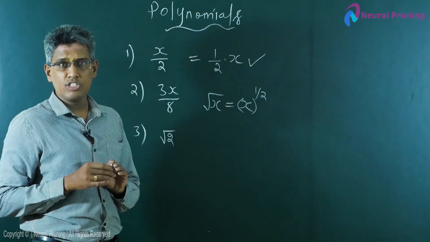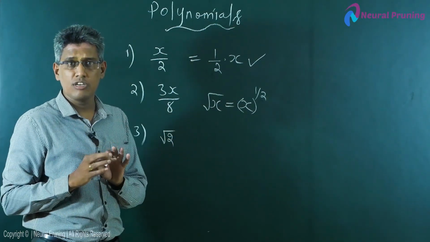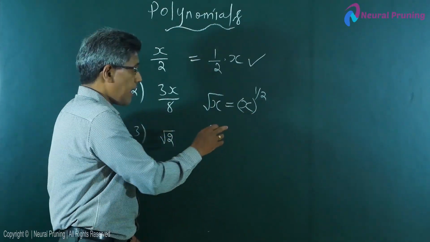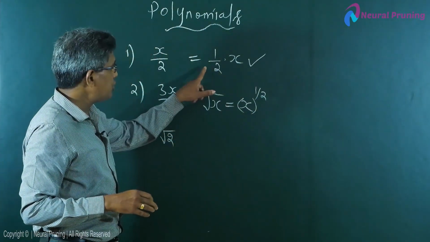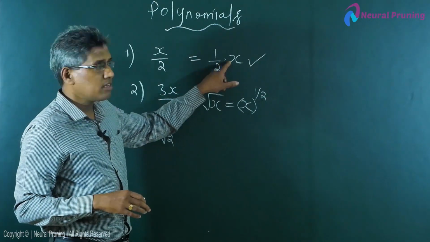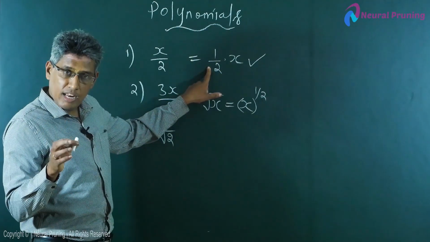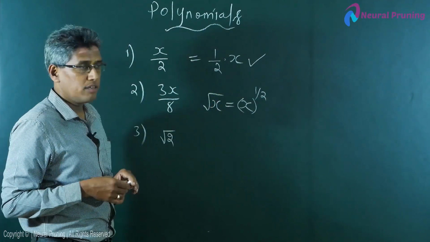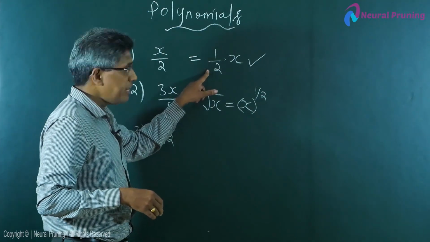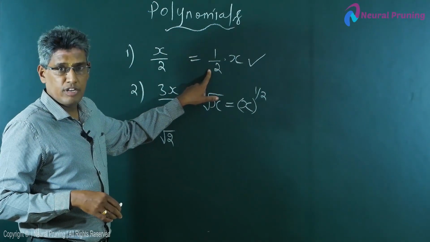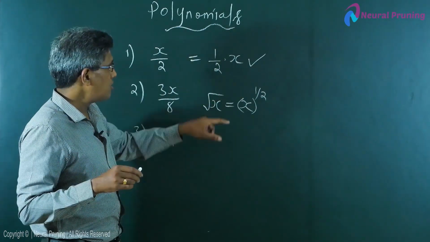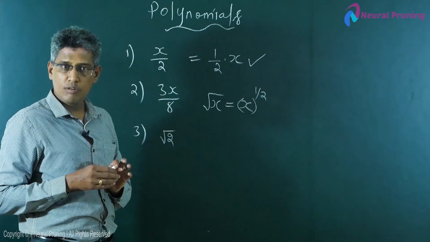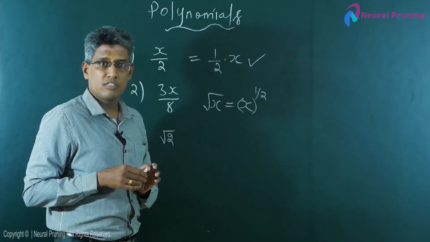You can't have negative integers, you can't have rational or irrational numbers as exponents of a variable. Okay, and as far as the coefficient associated with the variable is concerned, this coefficient must belong to the set of real numbers. Okay, so for that reason 1 by 2 as a coefficient of a variable is permitted. On the other hand, 1 by 2 as the exponent of a variable is not permitted. I think this point is clear.